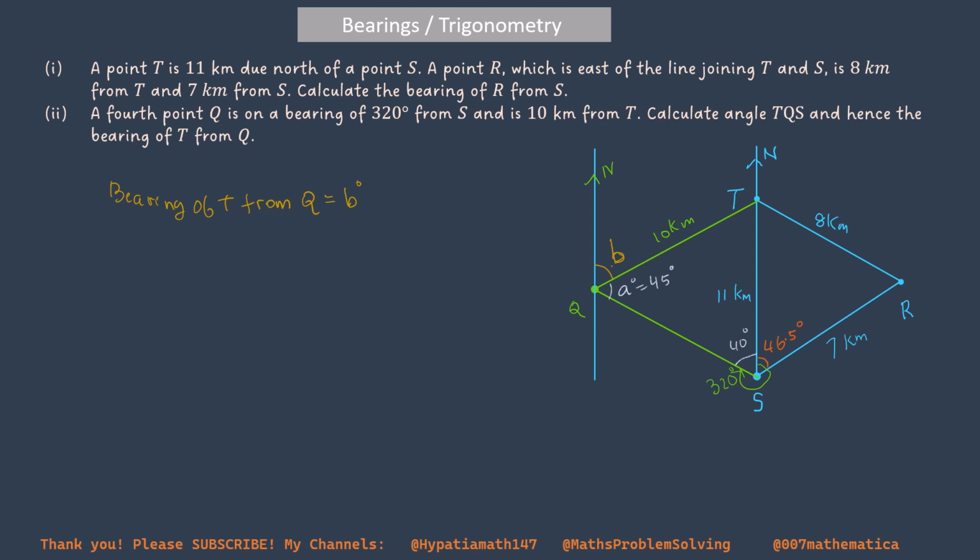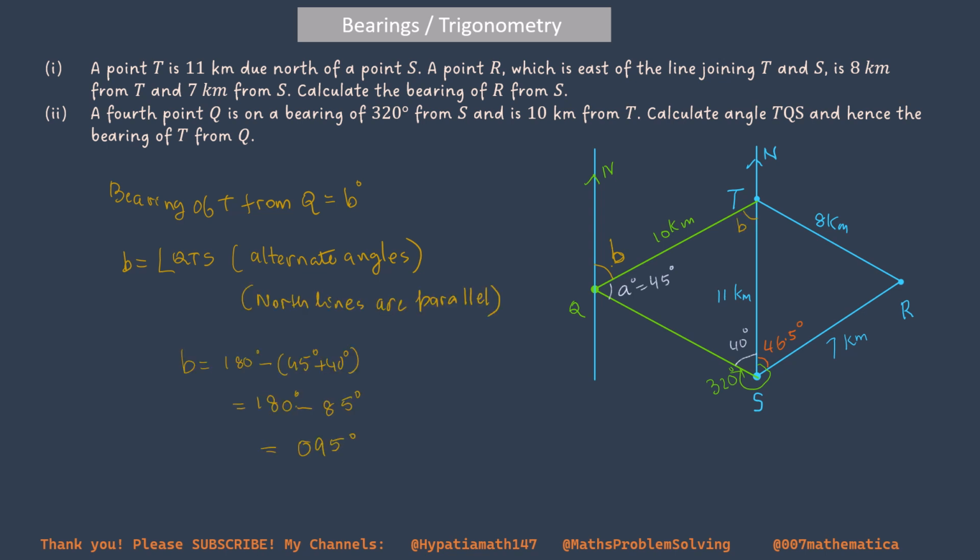The north lines are parallel, and so angle B is equal to angle QTS. So they are alternate angles, and B would be 180 minus 45 plus 40, because TQS is a triangle. We apply that and we get B is 95 degrees, and that is the answer.